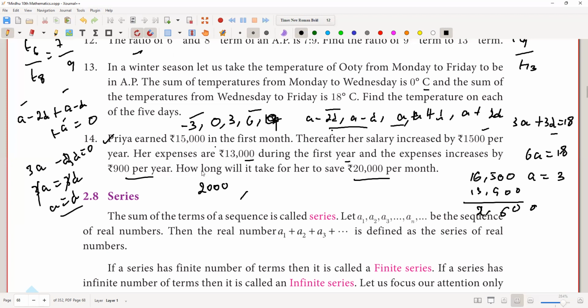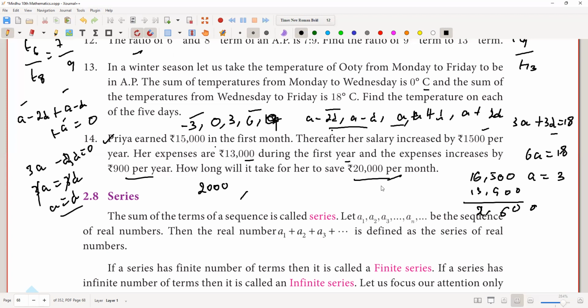They are asking how long will it take for her to save 20,000? You have to add 2,000 continuously, then we get it. First 10 months itself, she will be getting 20,000.